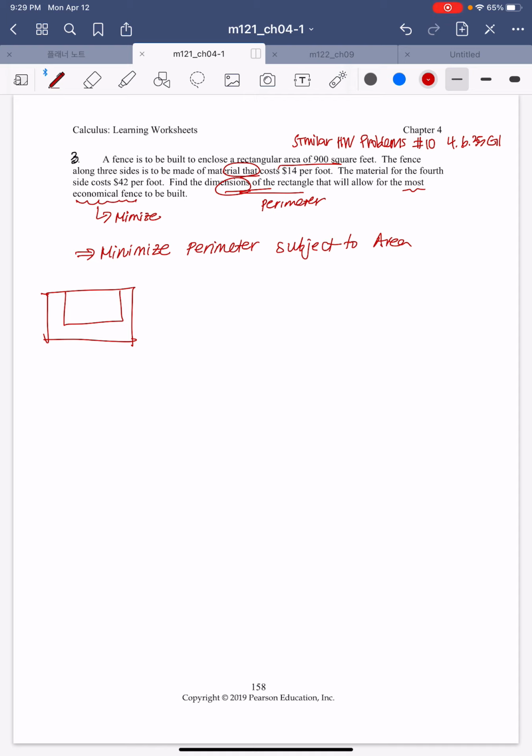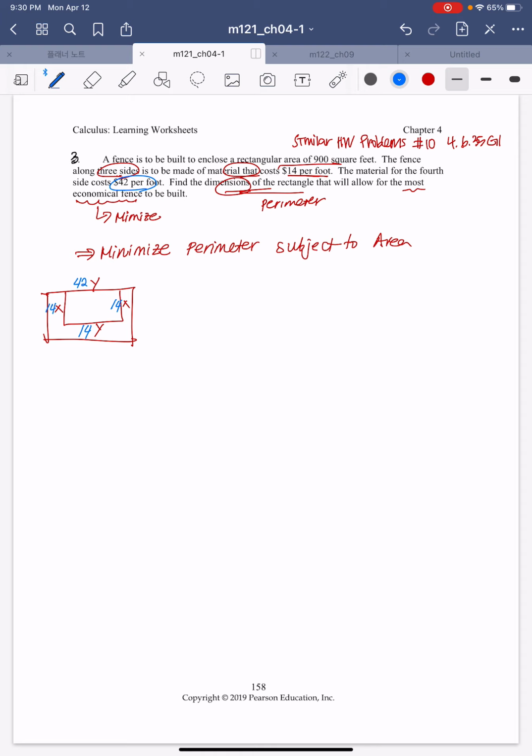You have X, X, Y, Y. Now, 3 sides are costing $14 per foot. So this will cost 14, 14, 14, and then material for the 4th side, whatever the 4th side is, costs 42. Okay, so that's what's going on here. 3 sides cost $14 per foot, and then the 4th side costs 42.